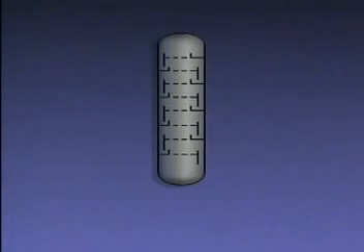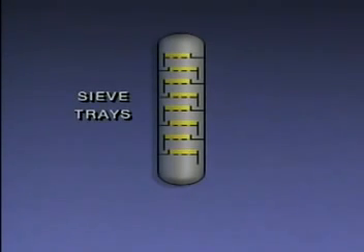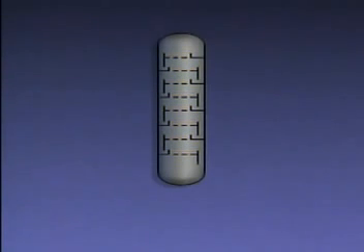This is a simplified illustration of the inside of one type of distillation tower. This tower uses trays called sieve trays to separate vapors and liquid. The trays are spaced throughout the tower. They're called sieve trays because they have many openings in them, like a sieve. Here's a closer view of some of the trays. We've exaggerated the size of the openings to make them easier to see.